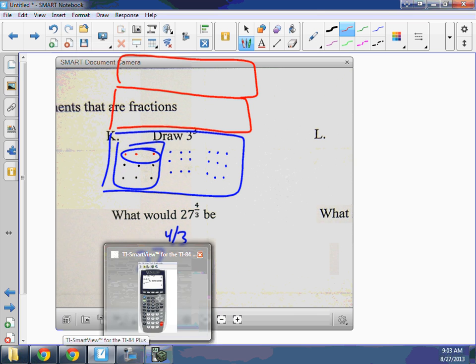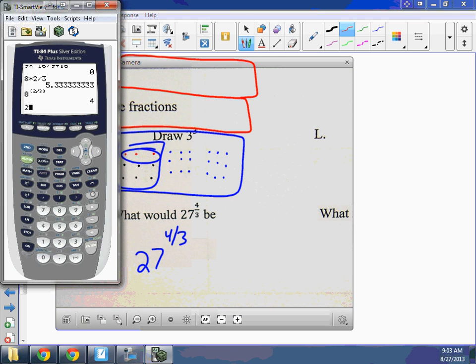27 raised, and I don't need parentheses, but you might. Oops, 27 raised to the 4/3 is 81. So it's just saying, can you break 27 into 3 multiplications?